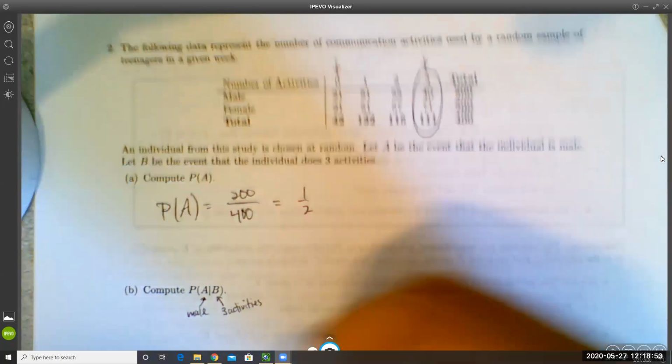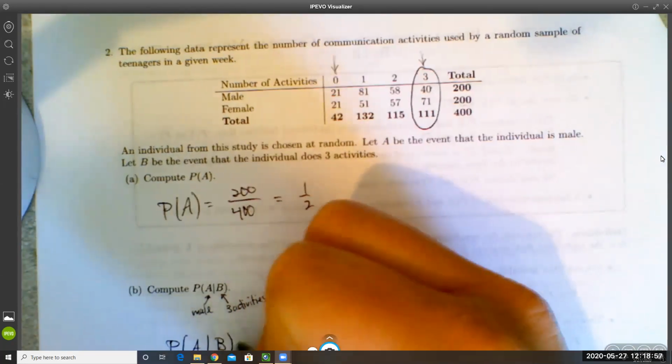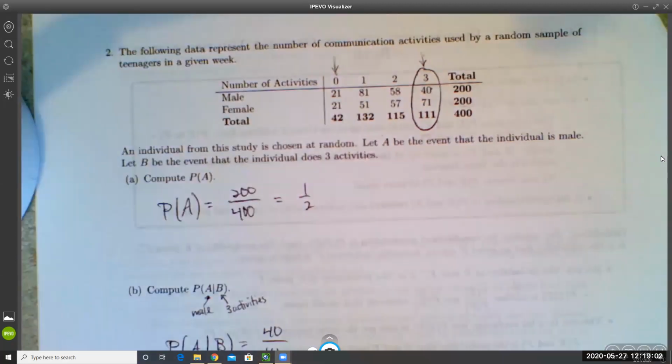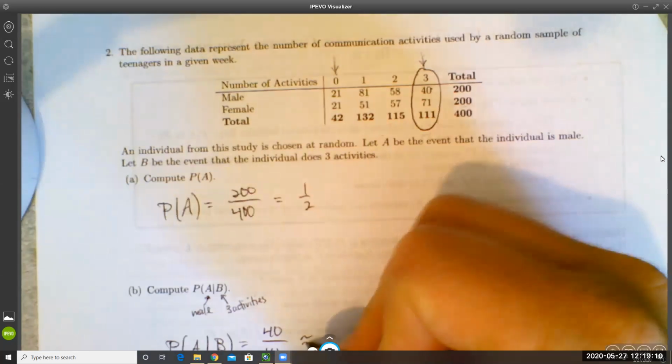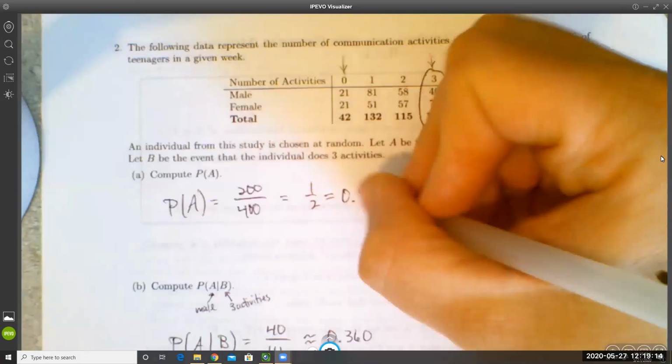So probability of A given B is 40 out of 111, which is about 0.360. This is 0.5.